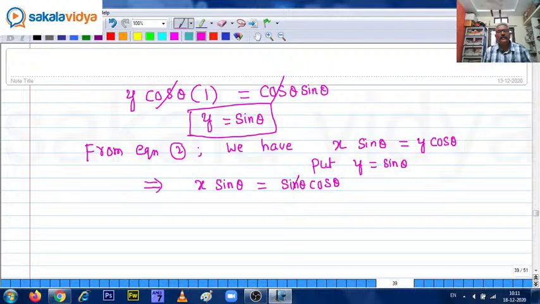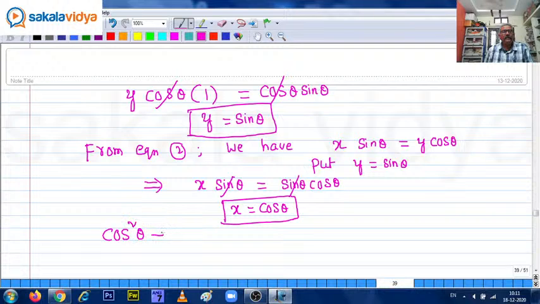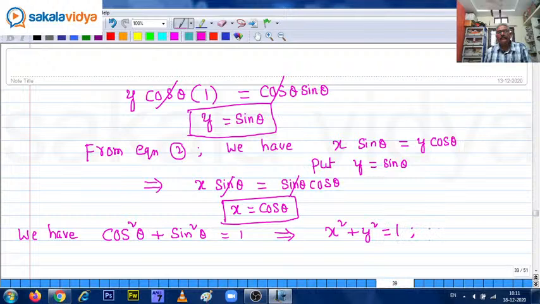See, very interesting, sine theta gets cancelled. We get x is equal to cos theta. So that means now we know x is equal to cos theta and y is equal to sine theta. So we have cos square theta plus sine square theta equals 1, so that implies x square plus y square equals 1. Hence proved. That's all.